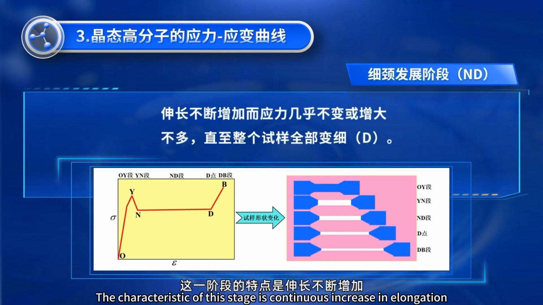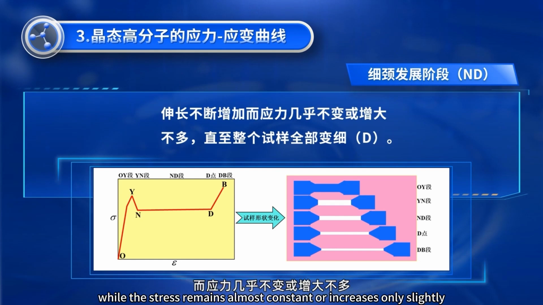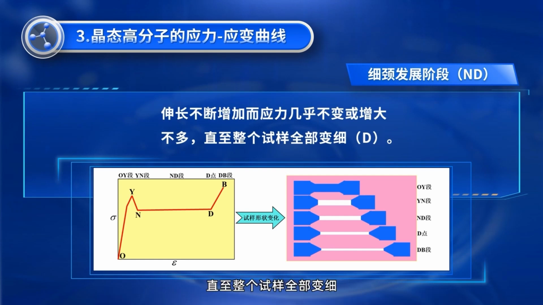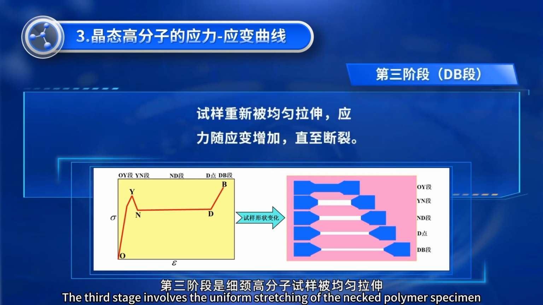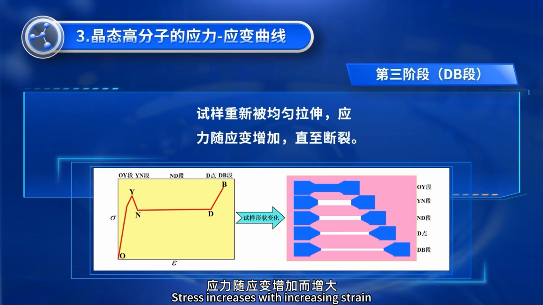The characteristic of this stage is continuous increase in elongation, while the stress remains almost constant or increases only slightly. This continues until the entire specimen becomes thinner. The third stage involves the uniform stretching of the neck polymer specimen. Stress increases with increasing strain. This continues until fracture point B.